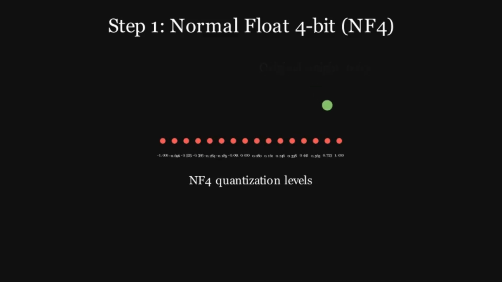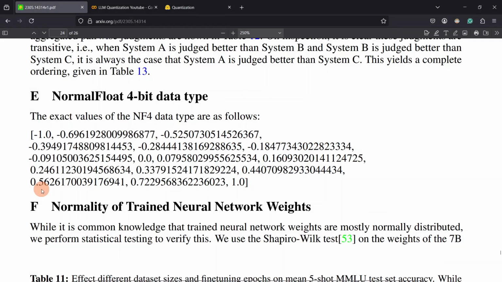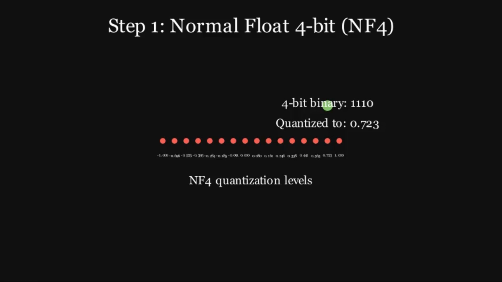This normalization is achieved by dividing each weight by the Abs-Max, which we have discussed before. By normalizing the input data, we are distributing the weights around 0, and fewer bits are required to store the exponent data of tensor or weight parameters. The exact values of NF4 are mentioned in the paper.